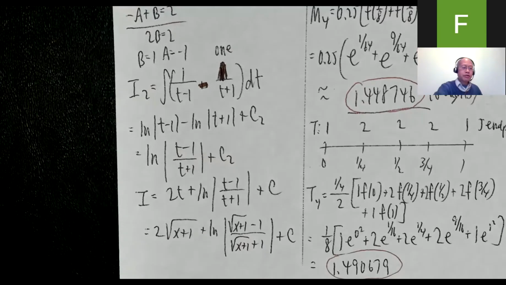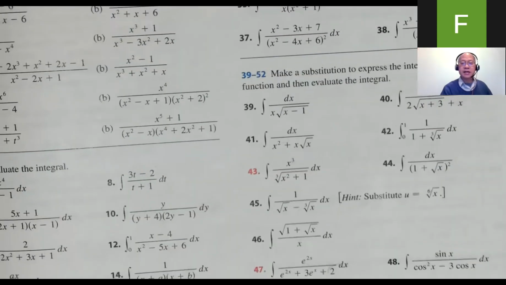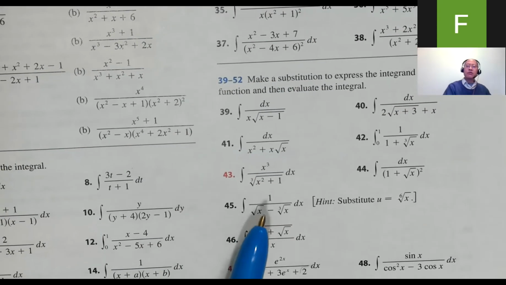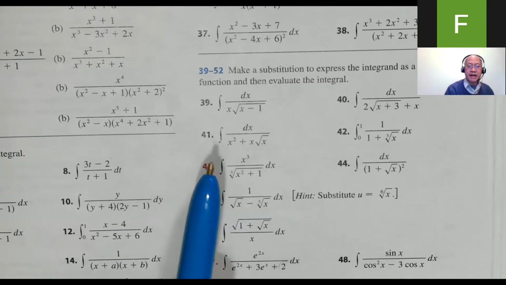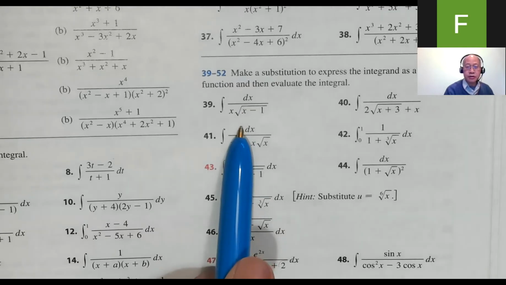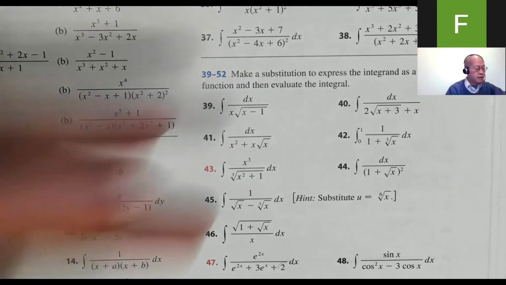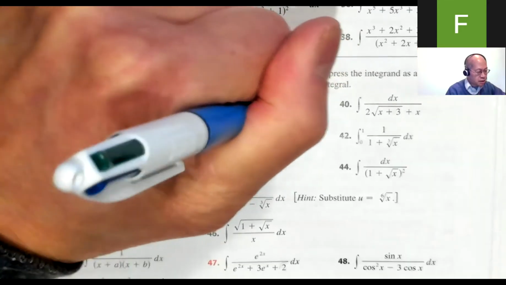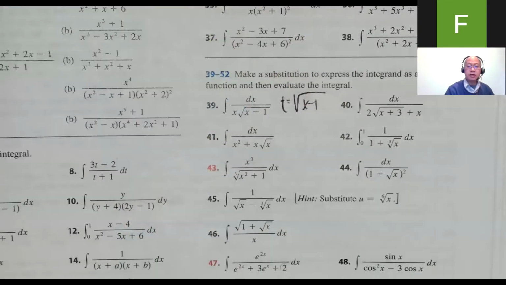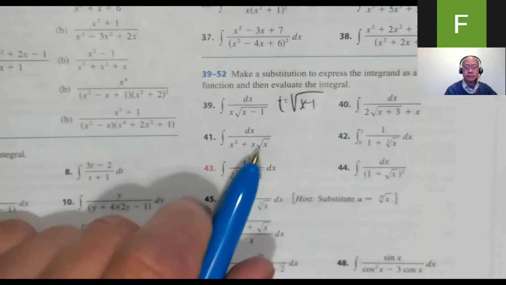Okay, so that's how to do that problem, which is unfortunately not any of ours, but I can go ahead and tell you the key ideas here. It's almost like that weird radical, make it nice. So for 33, I would say let t be square root of x minus 1. I'll go ahead and give you what the substitutions are. t equals radical x minus 1, and go from there.